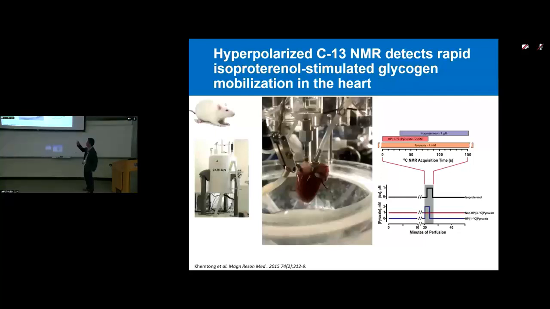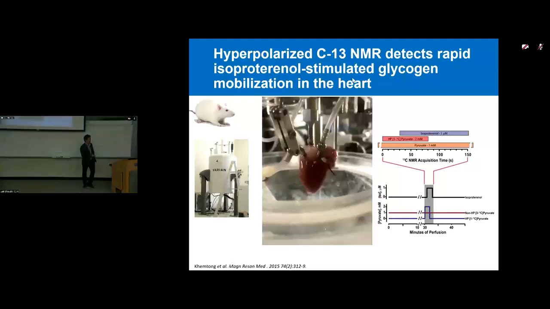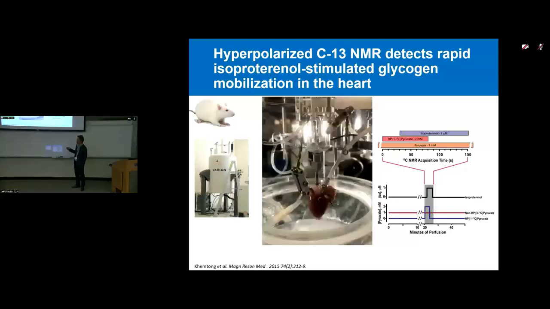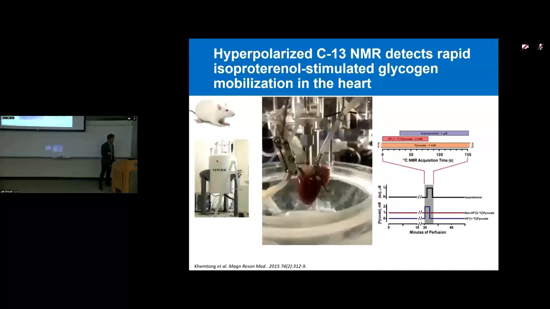It's not exactly this one, but it's the same concept. And then we put the whole thing into an NMR spectrometer. When we're ready, we inject hyperpolarized C-13, in this case pyruvate, into the heart and follow what happens with the hyperpolarized C-13 pyruvate. So this is an isolated perfused rat heart that we do in our lab.